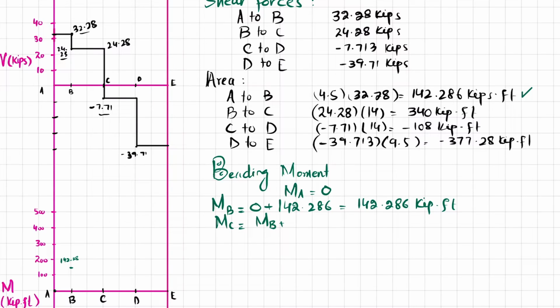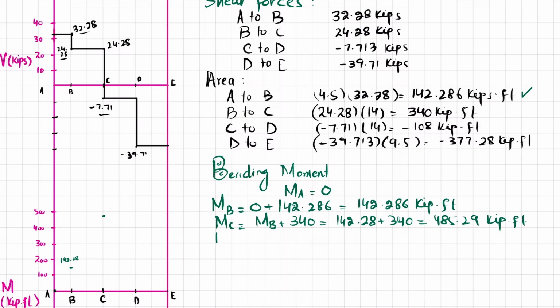So MC is 142.28 plus 340, which will give you 485.29 kips into feet. So let me plot it. This is 480, so it will be somewhat here.